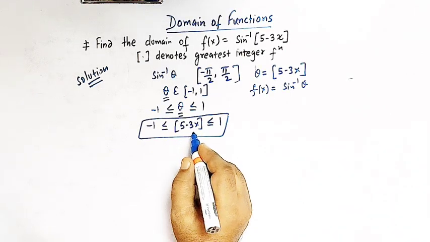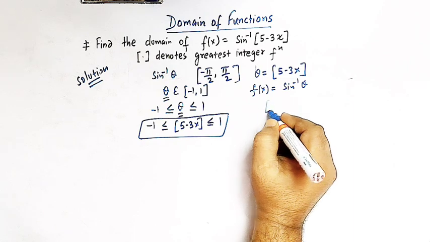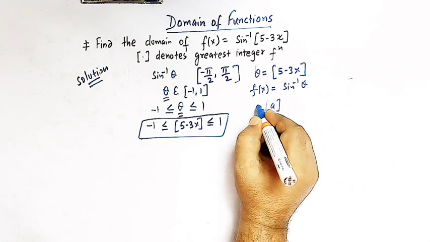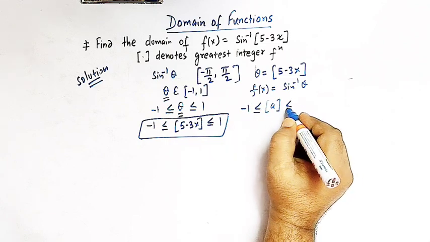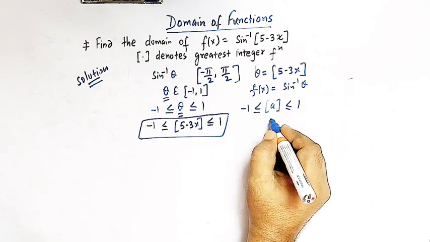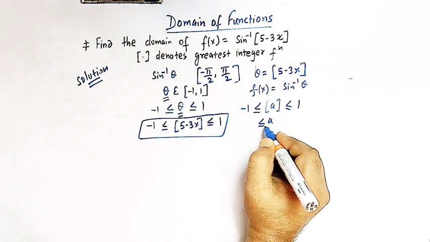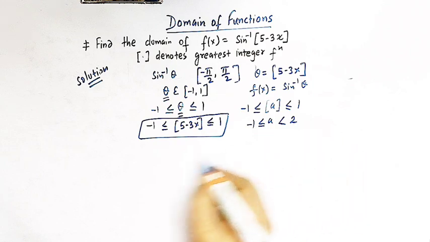So here we'll make use of this important result, that is if we have greatest integer of a greater than or equal to minus 1 and less than or equal to 1, then the value of a is greater than or equal to minus 1 but less than 2, right?